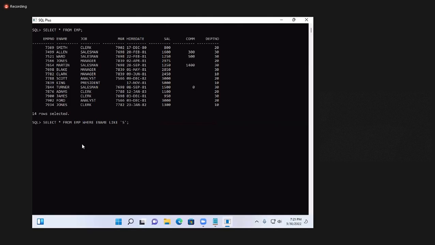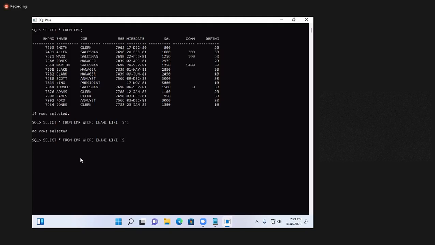But if I use only S and don't give any wildcard operator, it is not identified, because in your string expression there is more than one character. The remaining characters must also be represented here, then only the entire expression will be checked. So this is not possible.